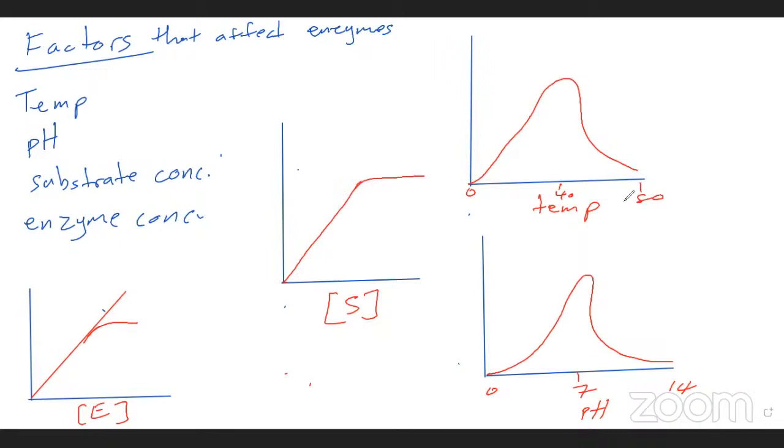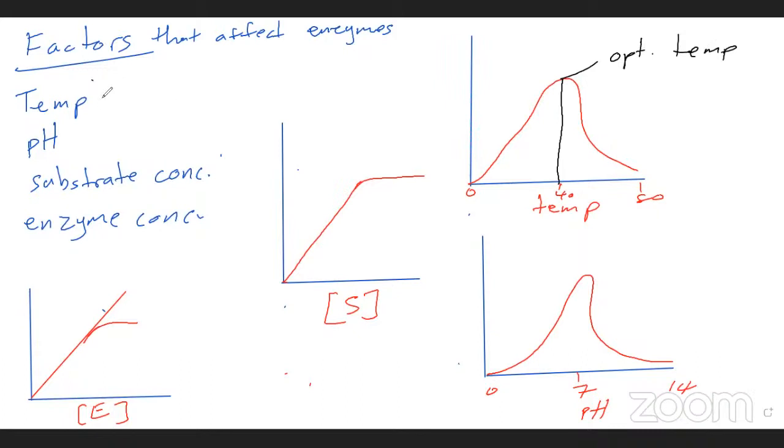All right, so for temperature, the graph increases and then decreases. If they ask you for a point on the graph, which point are we interested in? The optimum temperature, so the peak. You just find the peak. That is the optimum temperature.